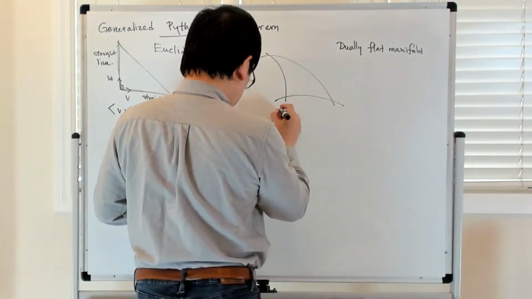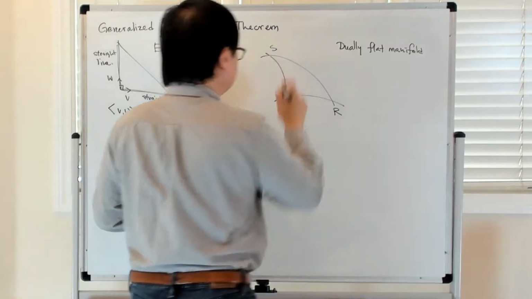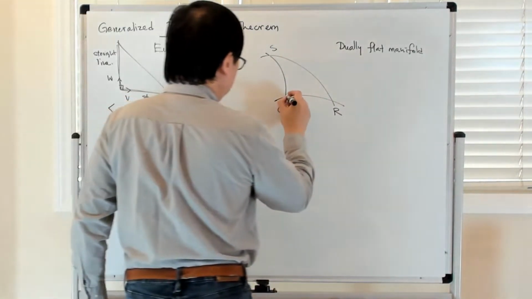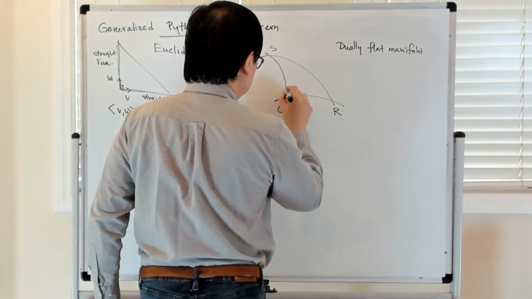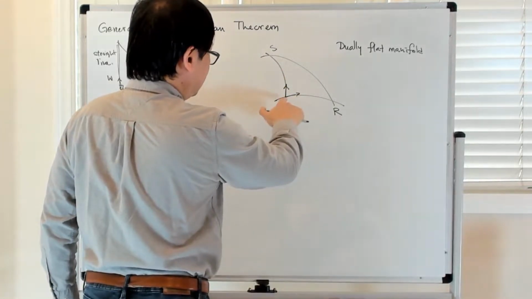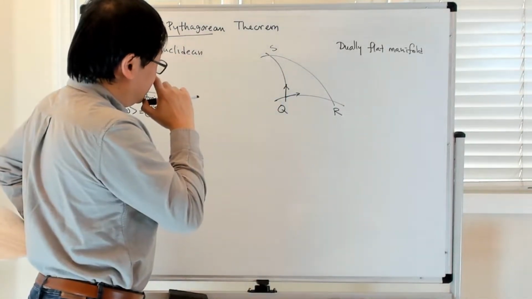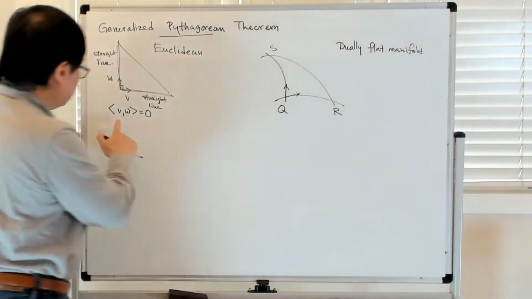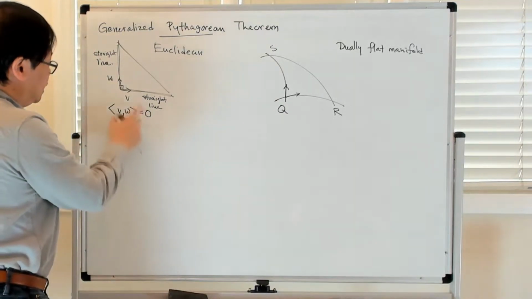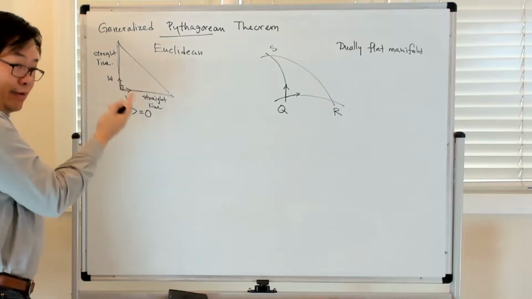Let's call them Q, R, and S. You want the tangent vectors to these two curves at this point Q to have inner product 0, in keeping with the condition that these two curves meet at a right angle.